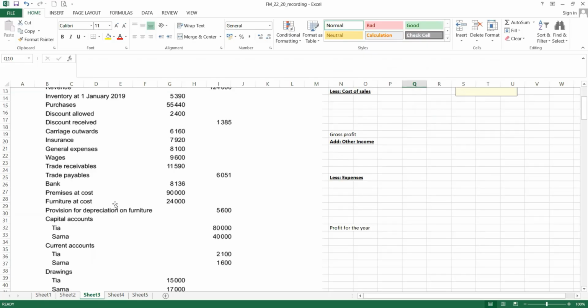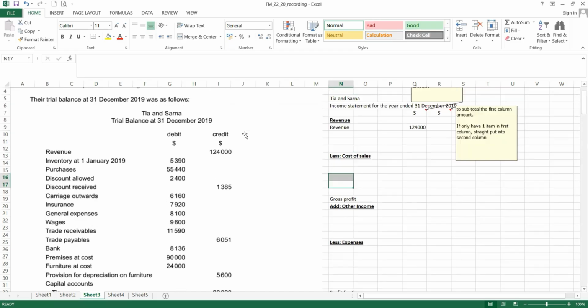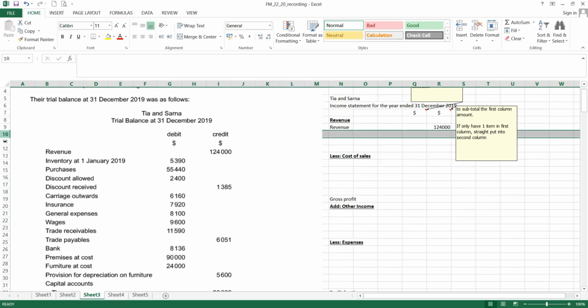As I mentioned just now, for the second column we take the amount. So revenue, after that, no more. In this case, I put it here because there is no other item, so I take it out already.